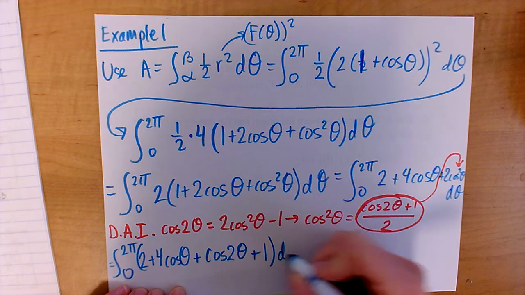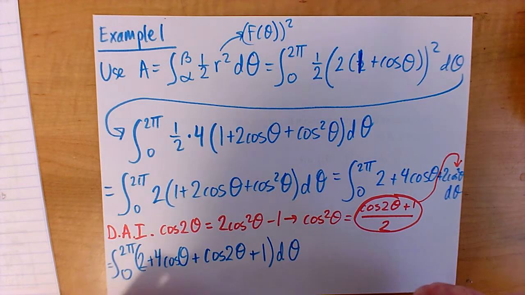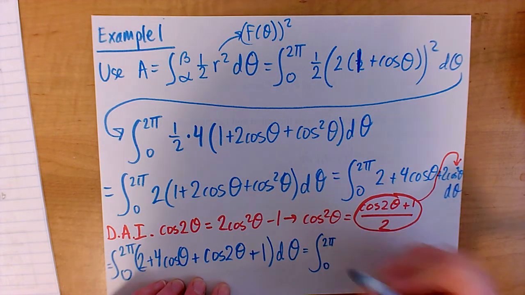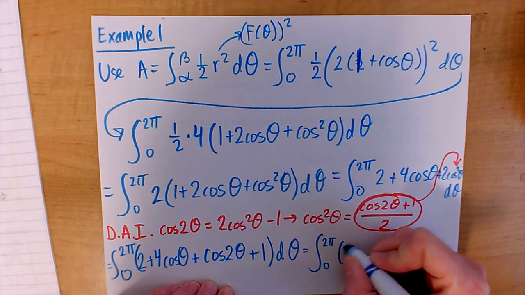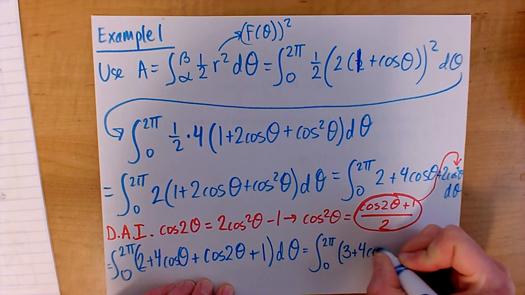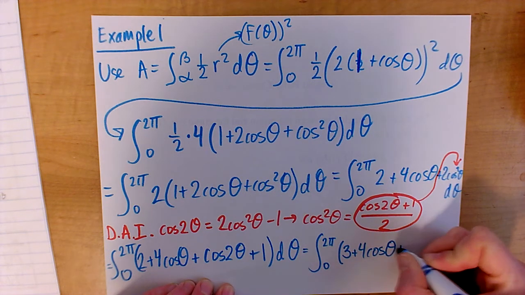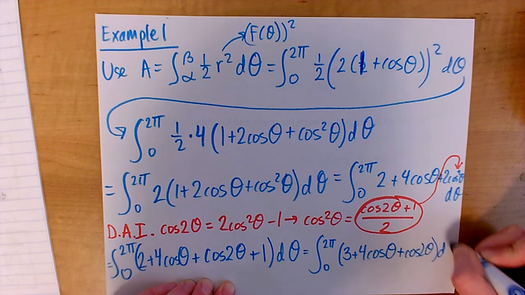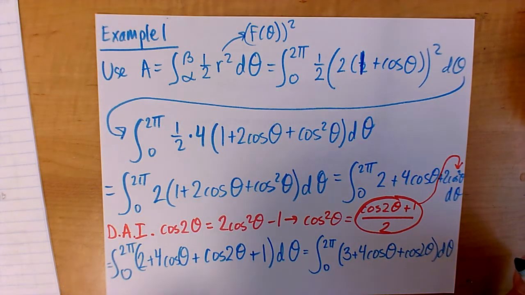And then we're integrating this with respect to theta. So this is going to be the integral from 0 to 2 pi of 3 plus 4 cosine theta plus cosine 2 theta d theta, right?